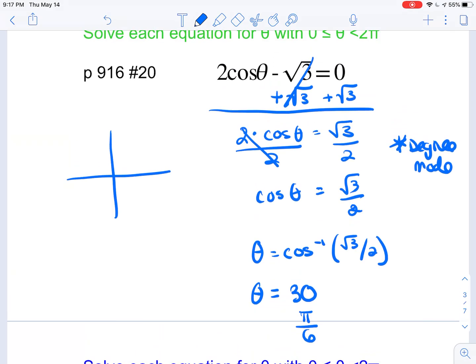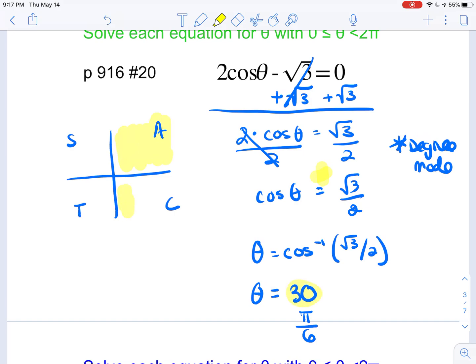So we see that we have 30. Now, if we remember in the last question, we need to make sure we include everywhere from 0 to 2 pi where the cosine is a positive radical 3 over 2. Okay, so we are looking for degrees with reference angles of 30. Okay, and we're looking for where cosine is positive, right?